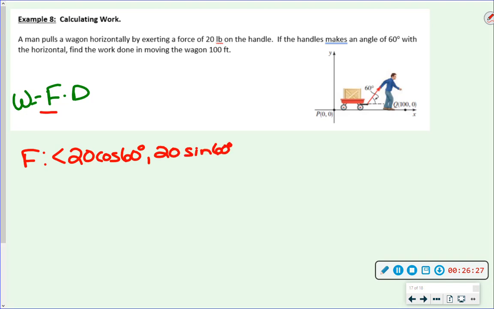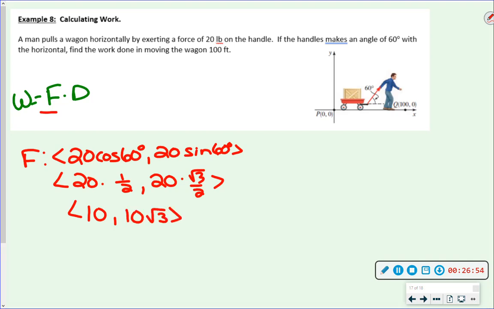Let's start with that guy. 60 degrees is nice, it's on your unit circle. What's cos of 60? I heard it. What's sine of 60? Root 3 over 2, I heard it. Okay, and then we're just going to simplify this a little bit. So obviously we're going to have 10, and I'm going to make this 10 root 3.